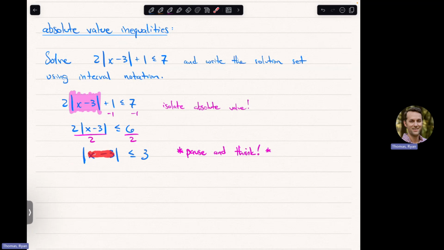Not worrying about the details here, an absolute value is a positive or possibly 0 number. So is it possible for a positive, or maybe 0 number to be less than or equal to 3? Yes, of course. That means we should continue and go on and work things.